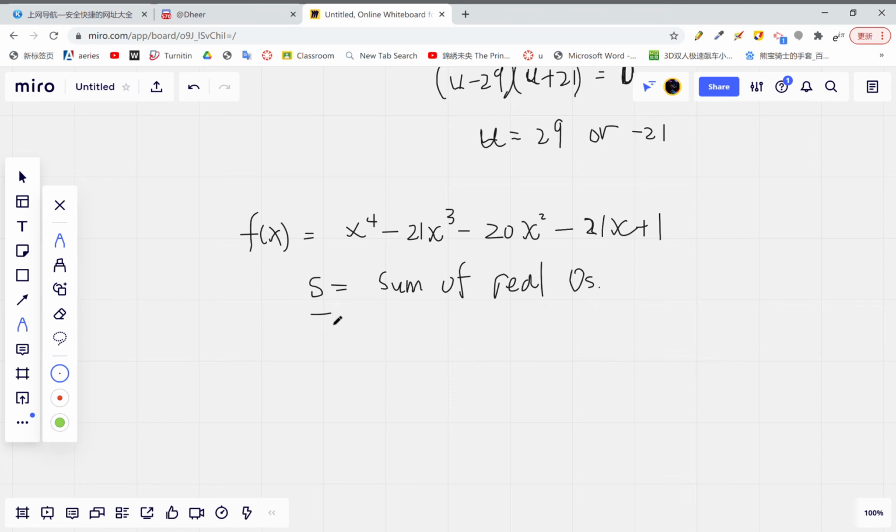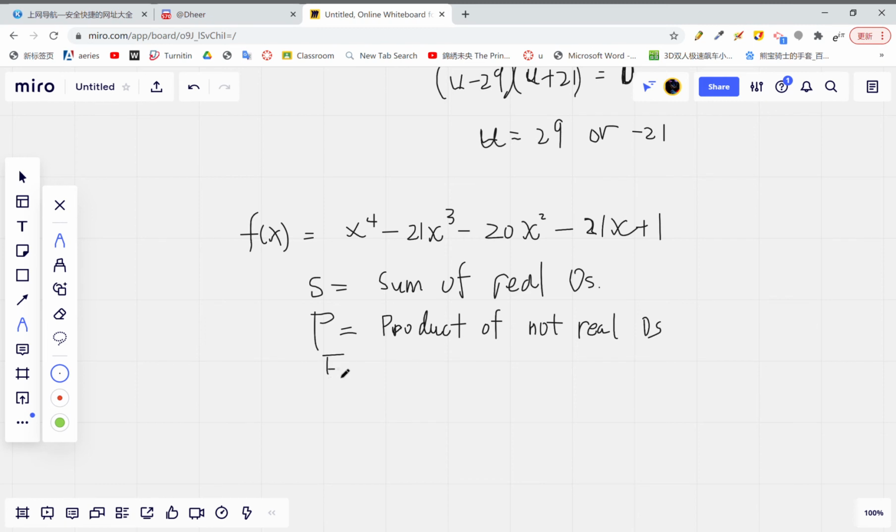And P equal to the product of the not real zeros.